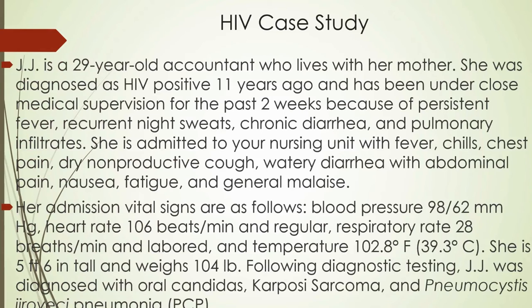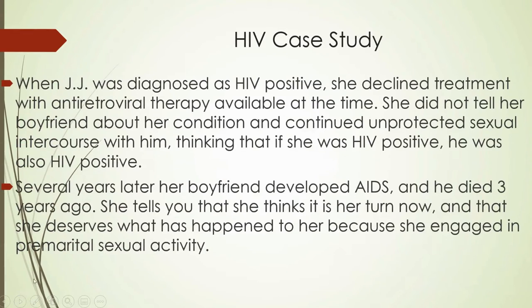She's 5'6" tall, weighs under 4 pounds, and after some testing, she was diagnosed with oral candidiasis, Kaposi sarcoma, and Pneumocystis jirovecii pneumonia, or PCP. And when JJ was diagnosed as HIV positive, she declined treatment with antiretroviral therapy at the time.